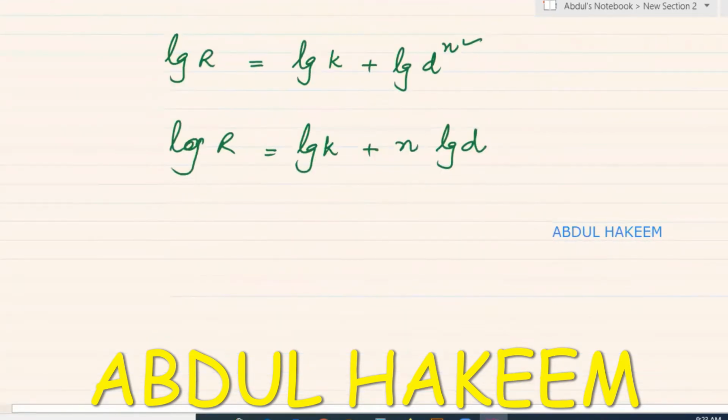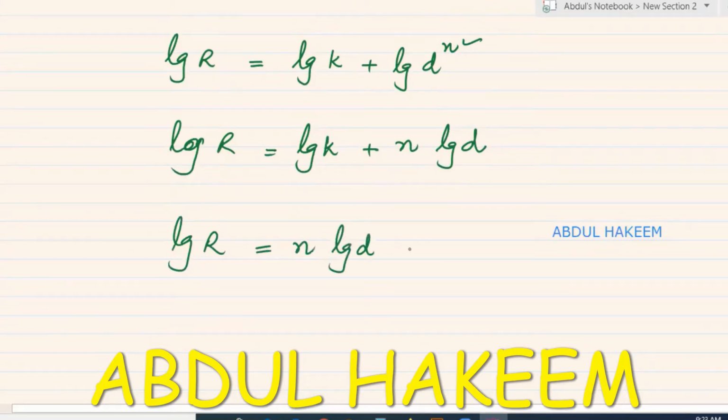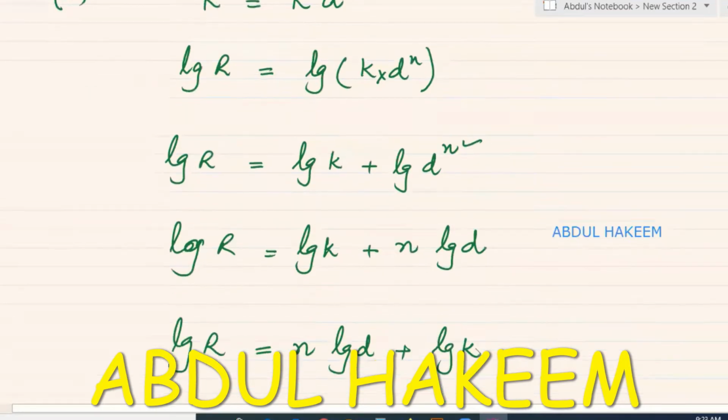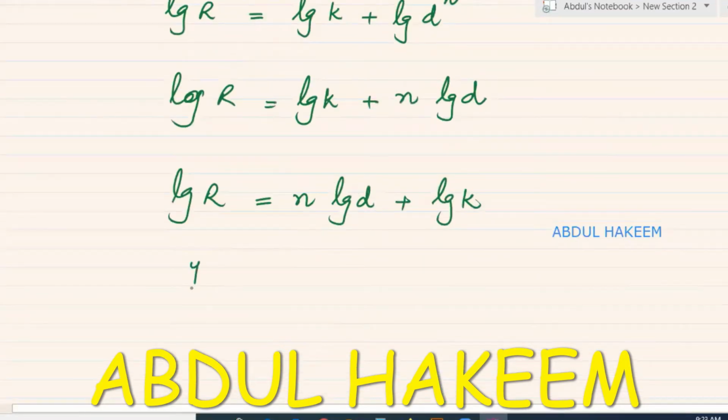Now it can be written as lg R equals n log d plus log k. So this is the linear form of the equation R equals k d power n, because it can be written as y equals mx plus c.